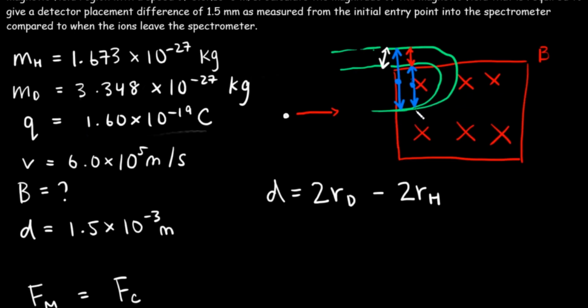Well, there's a magnetic force that is going up, and since the velocity is going to the right and the force is going up, that's making the particle move in this direction. So it has a circular acceleration, therefore it's like a centripetal force. And what's causing that centripetal force? That's the magnetic force. So that's why they are equal.